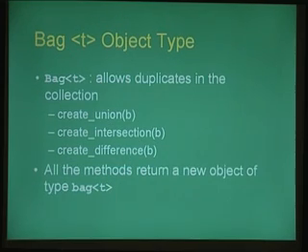Similarly, just like the set template, we have the bag template, where a bag is like a set, as we have seen earlier, that a bag or a multiset is a set which can allow duplicates in the collection. However, duplicates should also be objects of the same type or of derived types, which is specified in the template. It can't be arbitrary objects. And of course, bag also specifies different kinds of methods like create union and create intersection, difference, and so on.